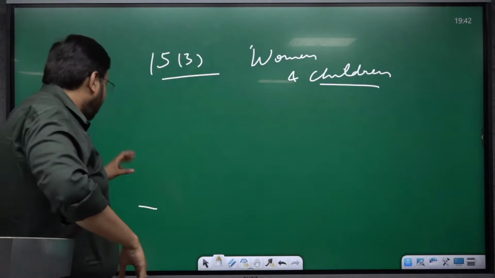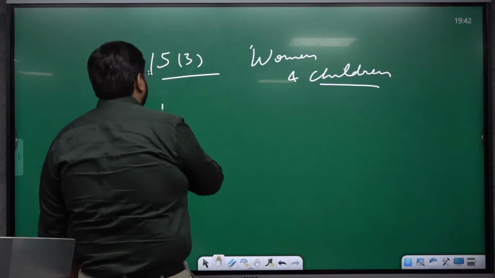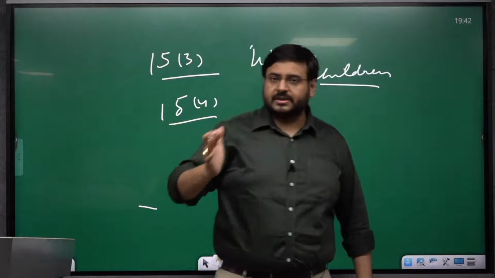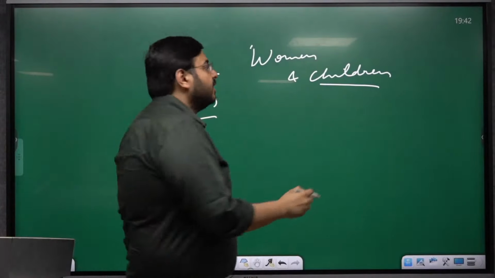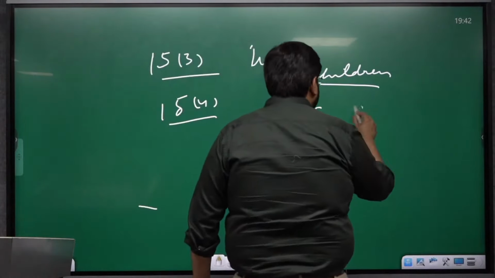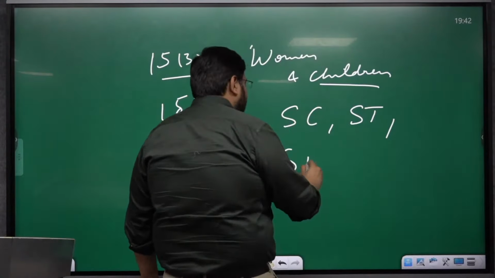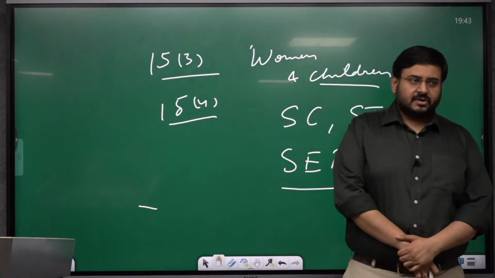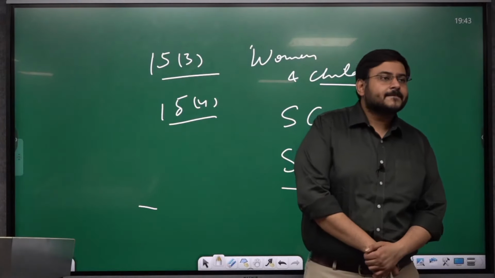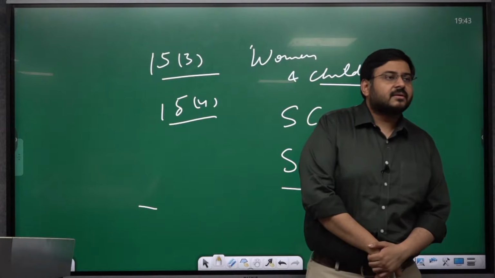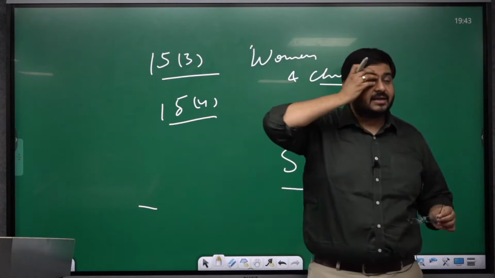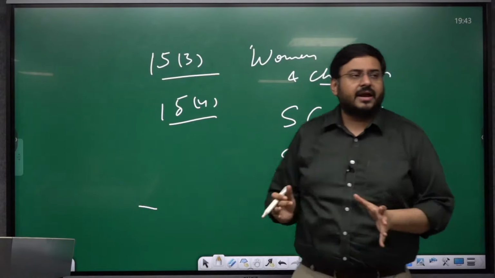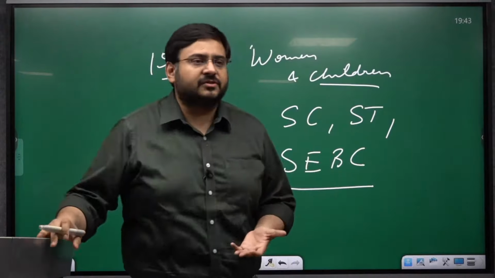Is it clear? At the same time, there is Article 15(4) that says that nothing in this article can stop the state from making any provisions for the welfare of scheduled castes, scheduled tribes, socially and educationally backward classes. See, it is not a fundamental right of women and children to have special provisions for them.